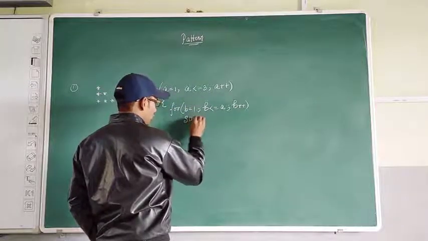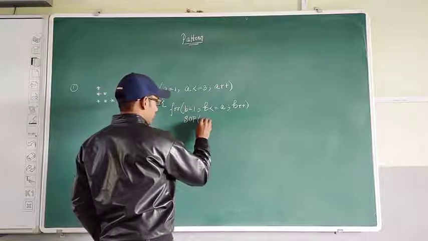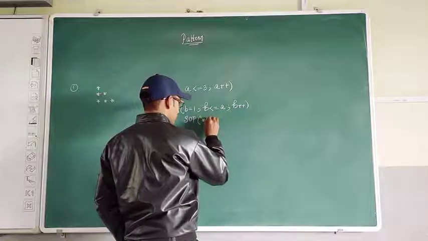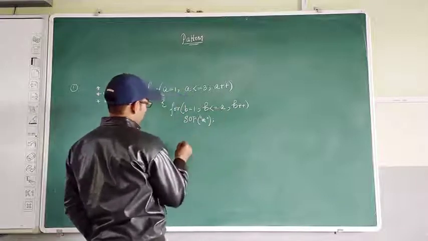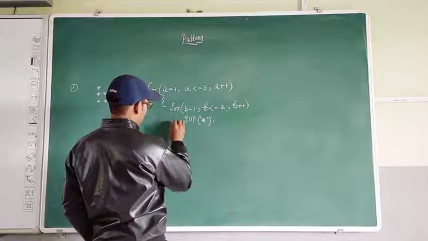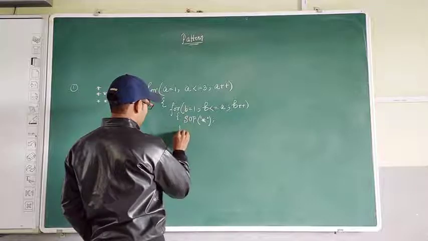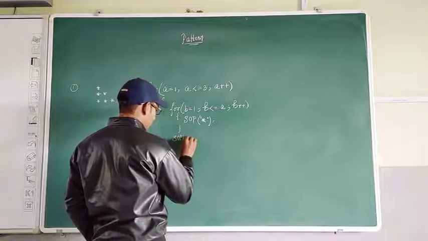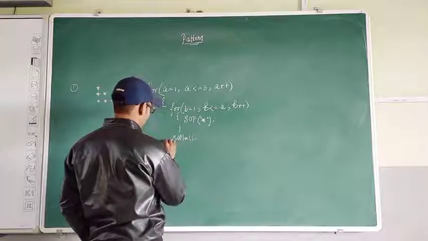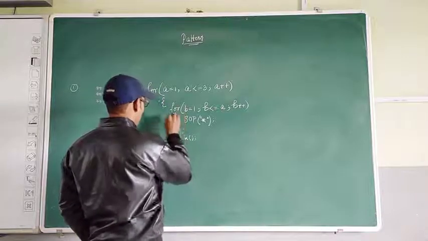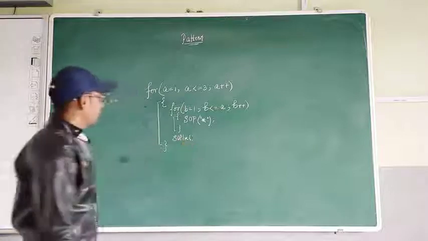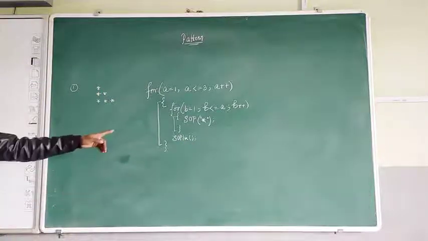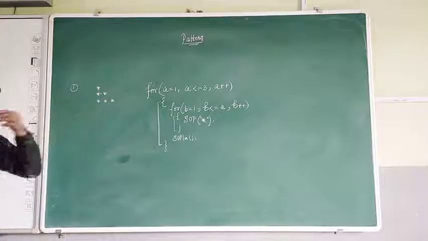System dot out dot print. This is the particular code to display like this.